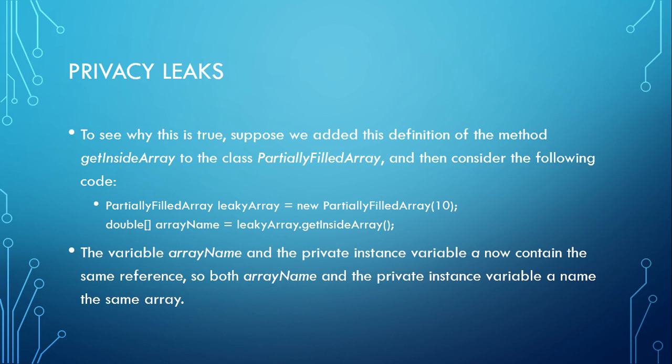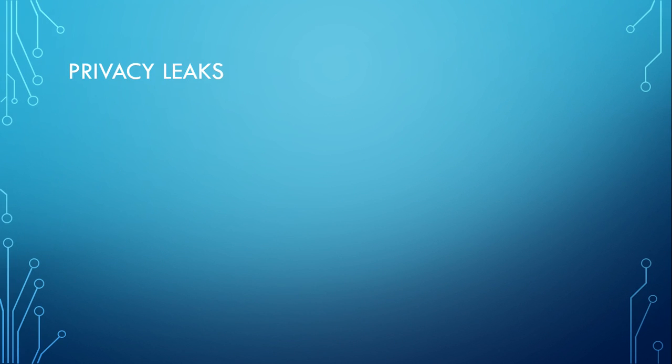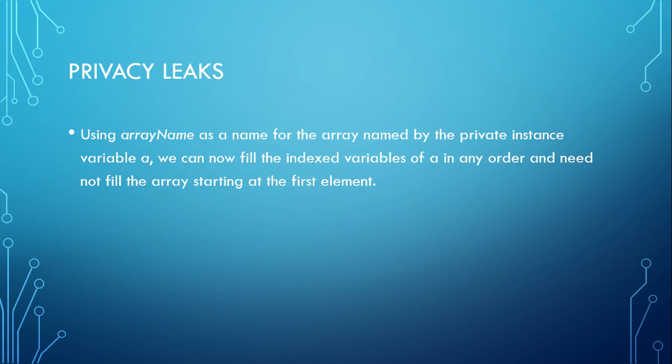So both arrayName and the private instance variable a name the same array. Using arrayName as a name for the array named by the private instance variable a, we can now fill the index variables of a in any order and need not fill the array starting at the first element.